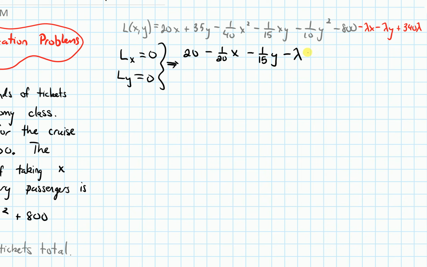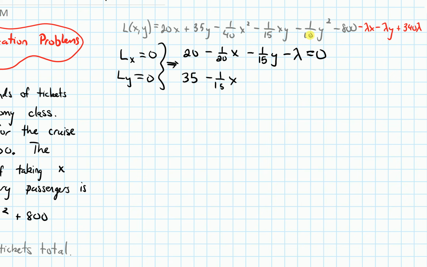And we're going to set this equal to 0 to find critical points. Let's do the partial with respect to y. So for 20x, that derivative is going to be 0. For 35y, we'll get 35. For the minus 1/40th x squared, that becomes 0. There's no y's in it. For the minus 1 over 15xy, that partial is going to be minus 1 over 15x.